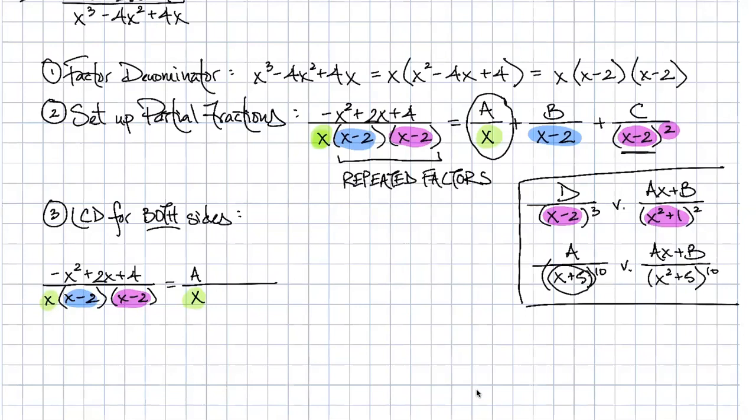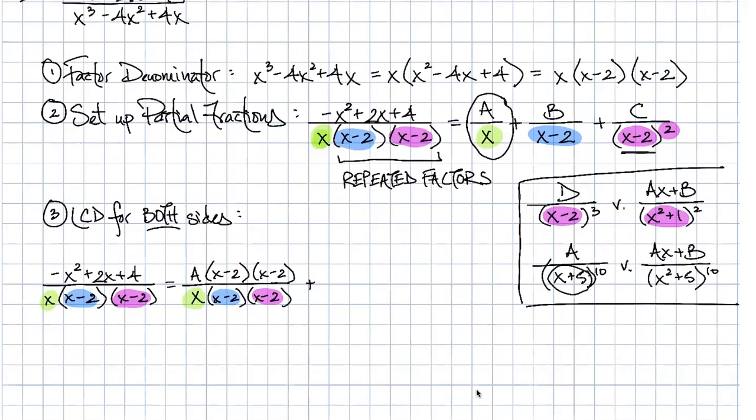So I have to make sure I multiply the first fraction by the blue factor and the purple factor, so that the entire denominator looks like the denominator on the other side. I did that for A, and now I have to do that for the second fraction and the third fraction.